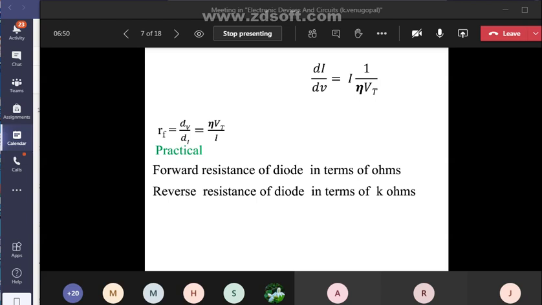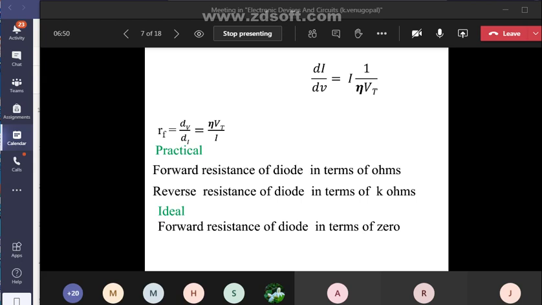So it becomes dI by dV equal to I into 1 by eta Vt. So that is the dynamic resistance, dV by dI. It becomes eta Vt by I. So it is also an important formula.